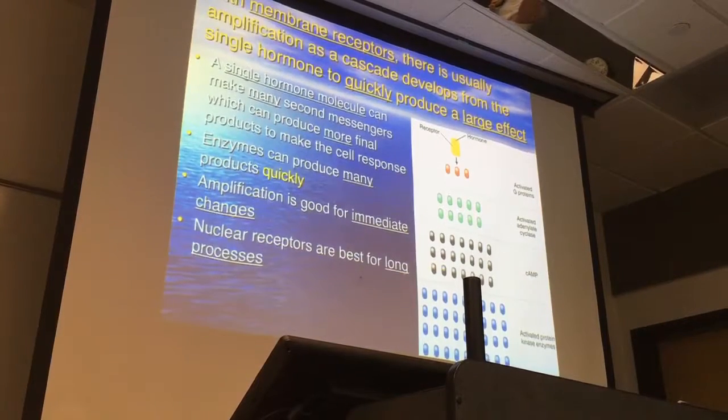Yeah. So a lot of hormones have quick responses, so you produce quick, strong responses with water soluble. With lipid soluble ones, you don't need it really quick, and you want it to last a while. So see the difference between the two classes?